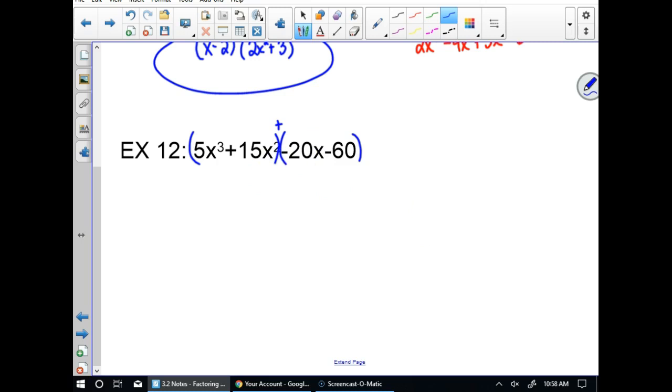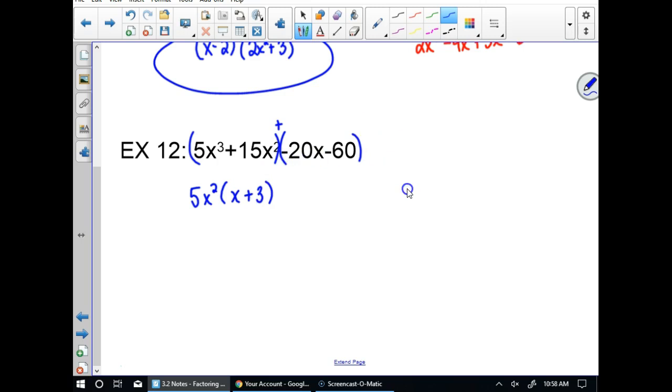So I'm going to factor out of the first one. What can I factor out? 5x squared. That will leave me with an x plus 3 in the parentheses. Now, what can I factor out of the second one? 20. But if I take a 20, will I get x plus 3?